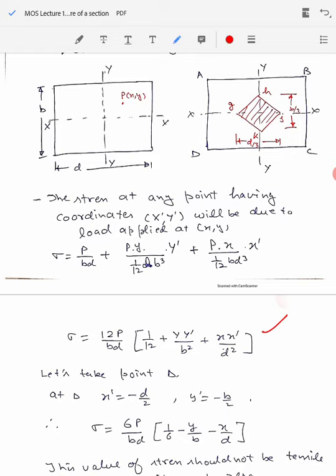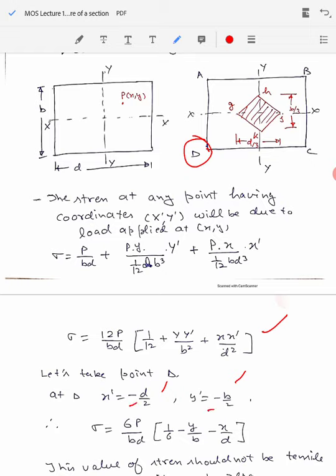Now let's define this point x dash, y dash where we want to calculate the stress. Let's say that we want to calculate the stress at extreme point D here, which is in the third quadrant. So we want to calculate the stress at point D. The coordinate of the point D is, because we know that the width of the section is b and the depth is d, which is shown here, x dash equal to minus d by 2 and y dash equal to minus b by 2, because it is in the third quadrant.